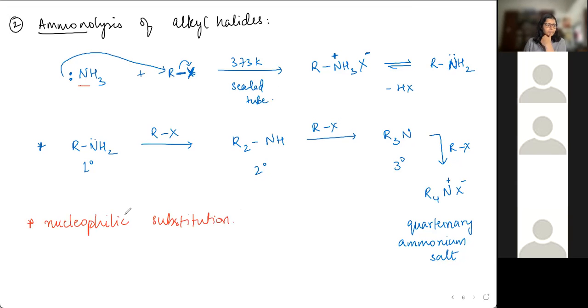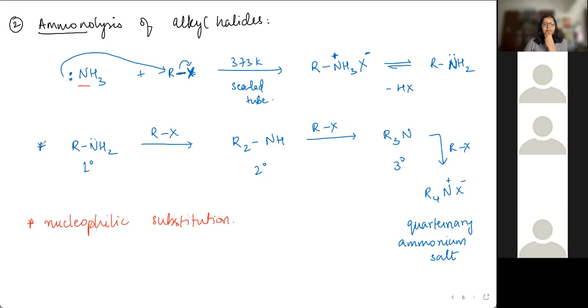Okay. What other points can we talk about this? Yeah, so this R can be either an alkyl group or an aryl group. You can use this method to manufacture aniline as well.